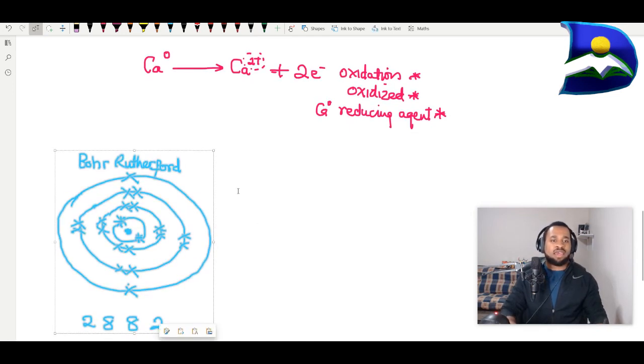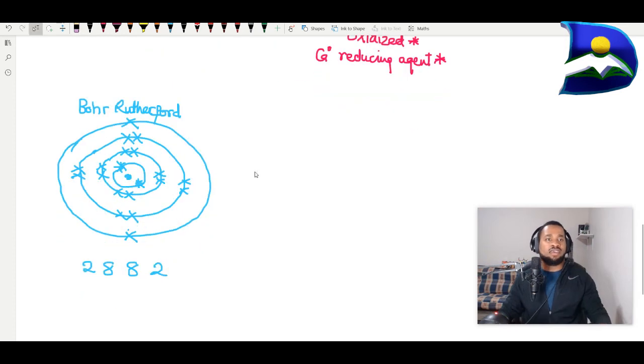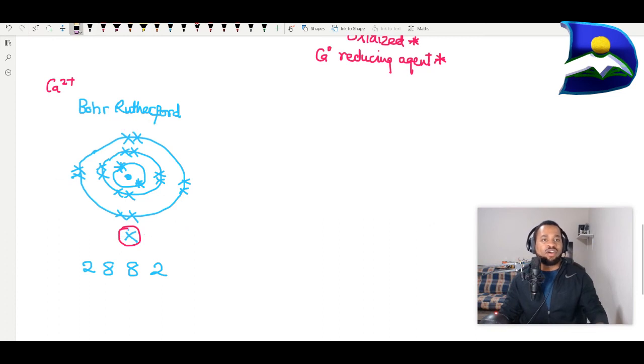Perfect. It means that for the Bohr-Rutherford diagram of, in this case, calcium 2 plus, it loses not only this electron, but also the outer electrons here. So as a result, this is erased, and the two electrons are given to a specific non-metal.